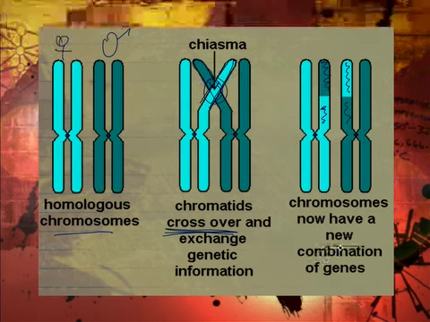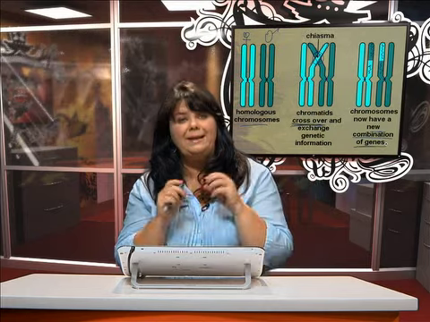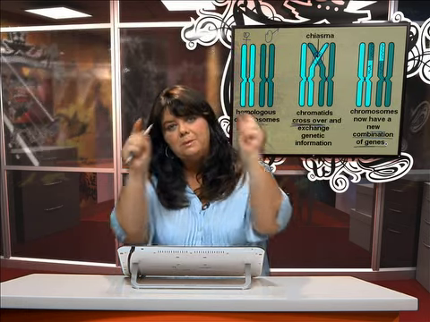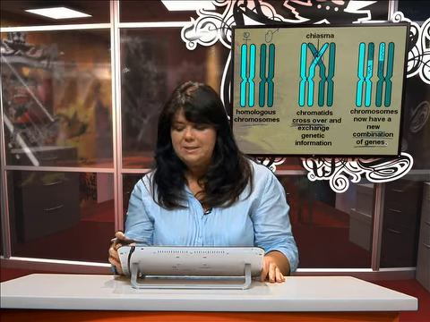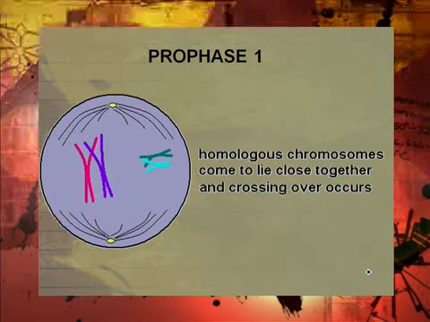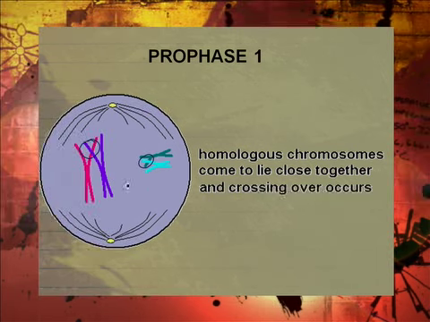We have a new combination of genes. We've shown in this diagram that it happens once, but in actual fact it's happening multiple times along that homolog or along that chromatid.